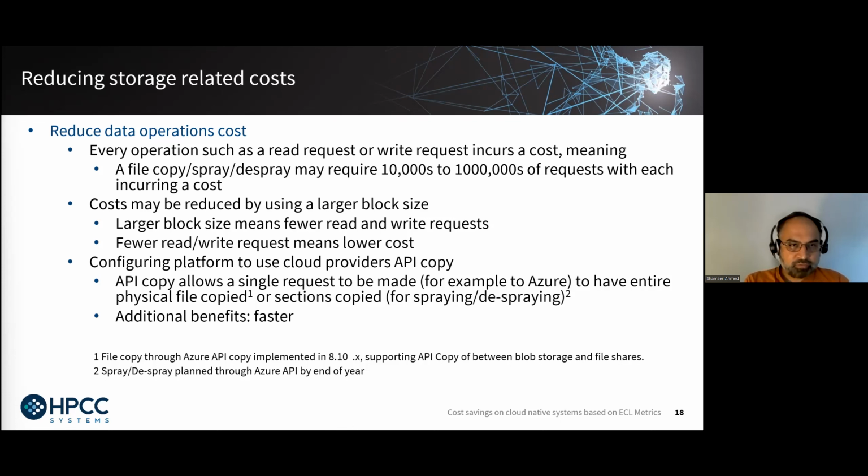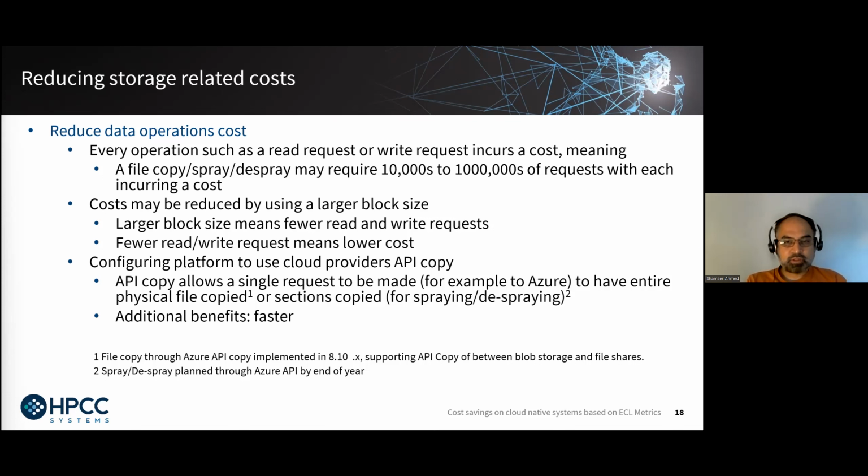There's another feature that has been recently introduced, which may reduce the cost of copies, sprays, desprays. It's using the cloud provider's API to carry out the copy. API copy makes a single request to, for example, Azure, the cloud provider, to have the entire physical file copied.